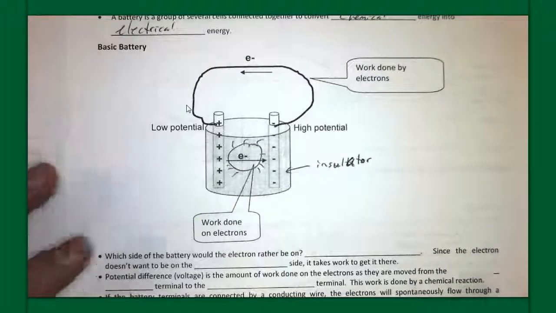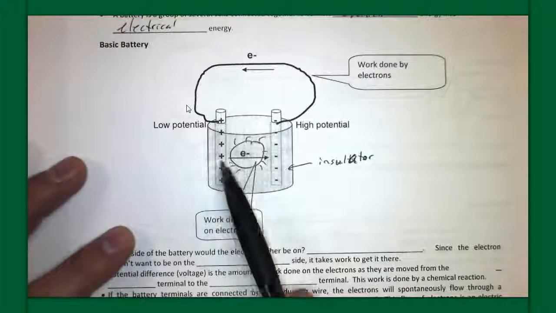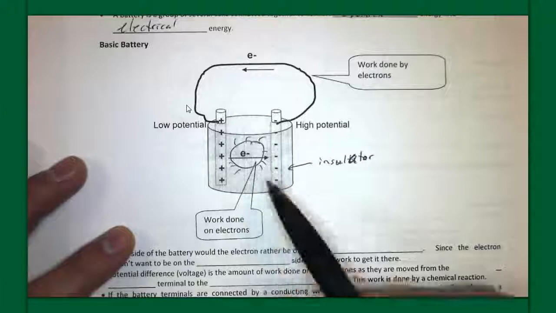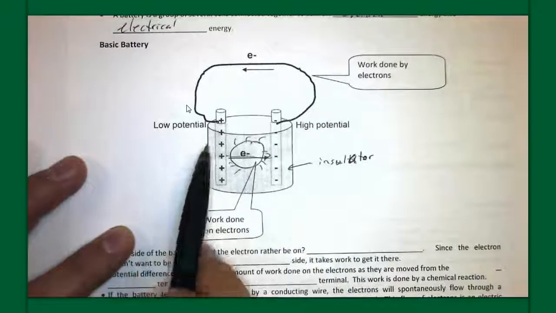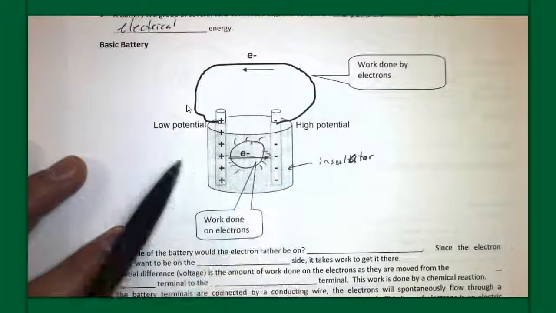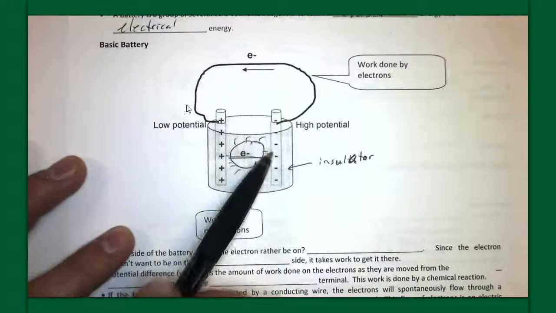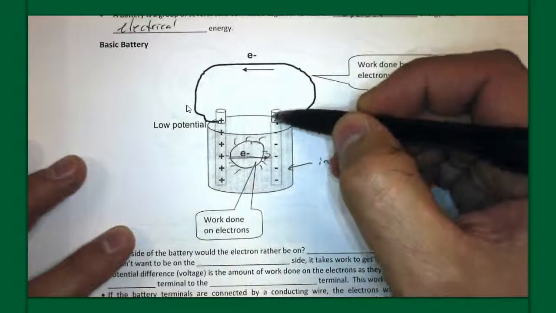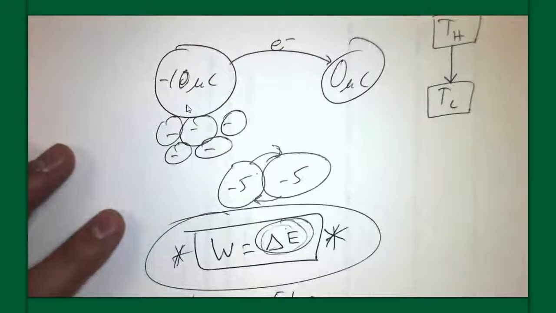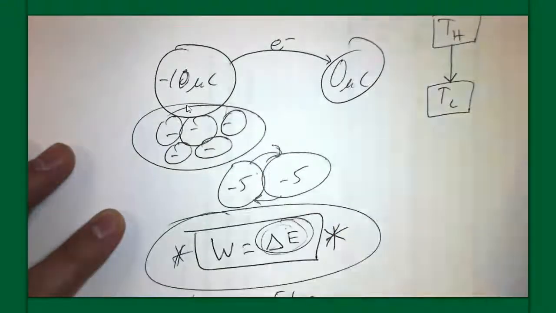And what that chemical reaction does is it continuously pulls electrons off of the positive terminal and deposits them onto this negative terminal. In other words, it's concentrating electrons preferentially over this way. And that's significant because, remember this drawing we did, these electrons don't want to be close together.